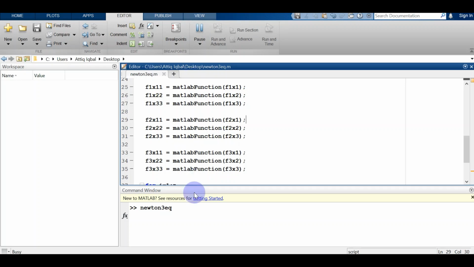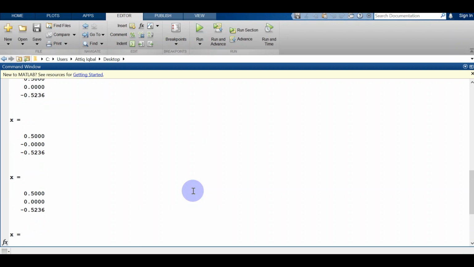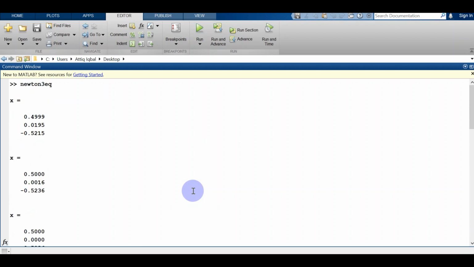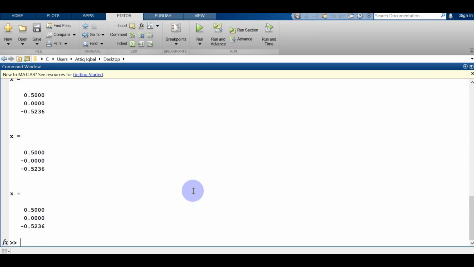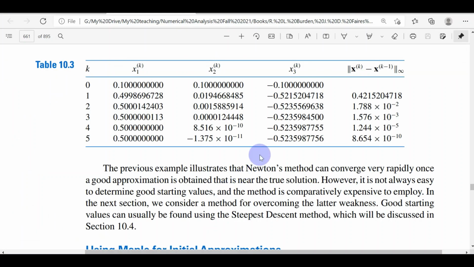I ran this code and the answers are coming quite nicely and in less time. In just a few seconds, I got all my x values, and in the last iteration my x vector is 0.5, 0.000 and negative 0.5236. Let's match this answer with the already available answer in the book.